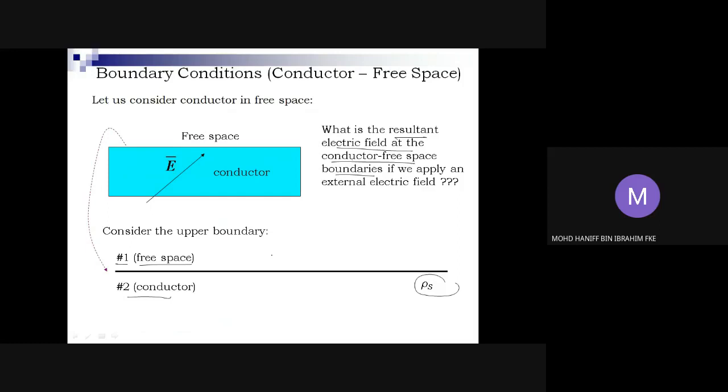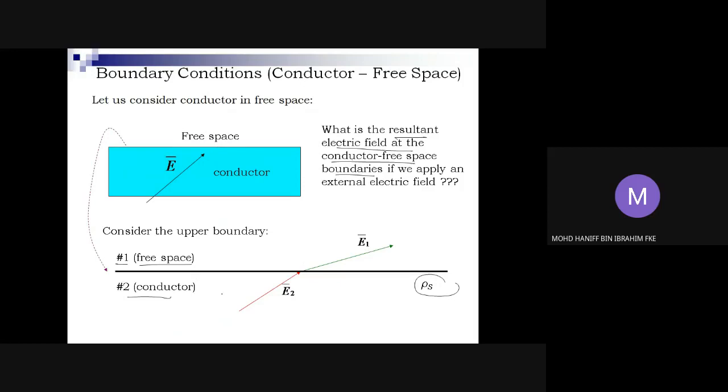So now we're going to have these conditions. Electric field will be propagated in the medium, following this electric field direction. E2 is the electric field in medium number 2, in the conductor. E1 is the electric field in medium number 1, which is in free space.